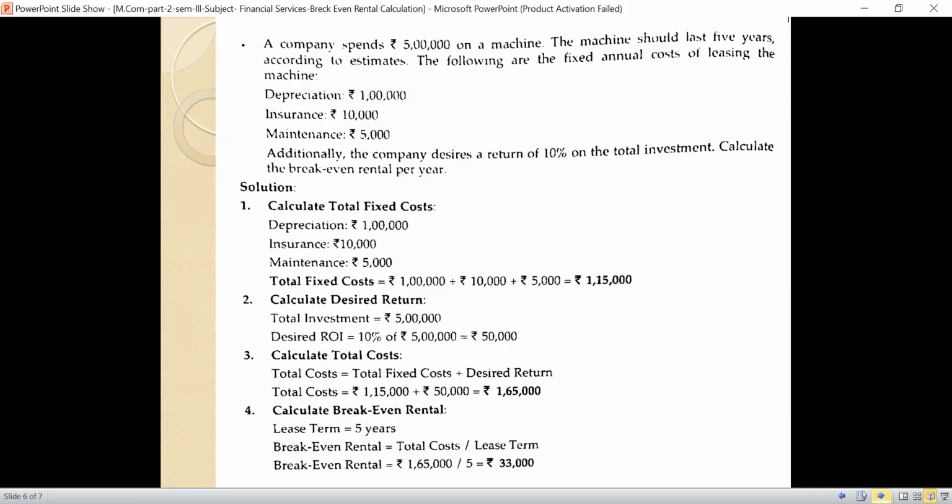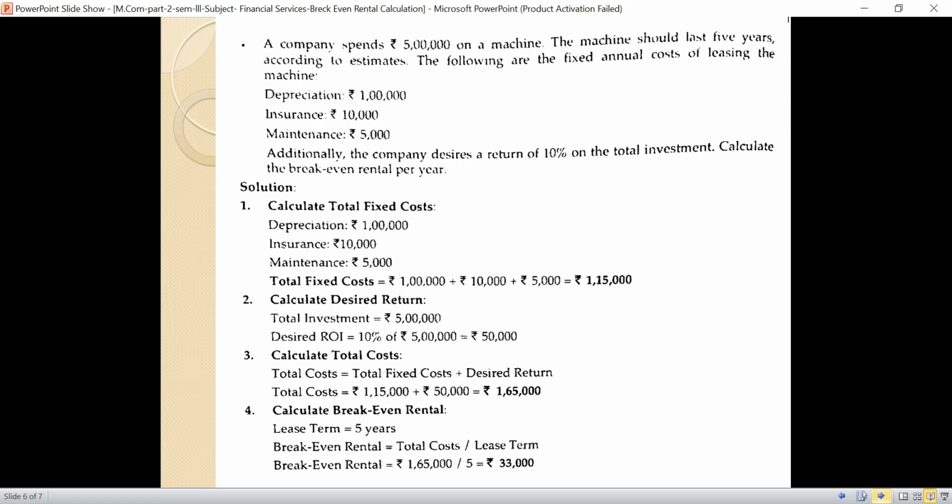Second, calculate desired return. Total investment is rupees 5 lakh. Desired ROI is equal to 10% of rupees 5 lakhs is equal to rupees 50,000. Third, calculate total cost.